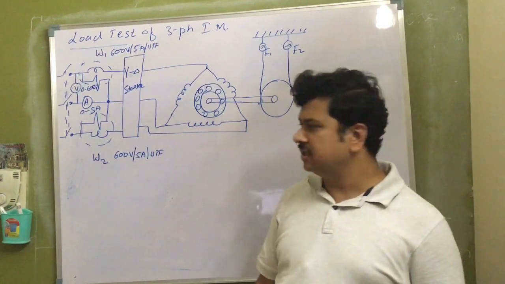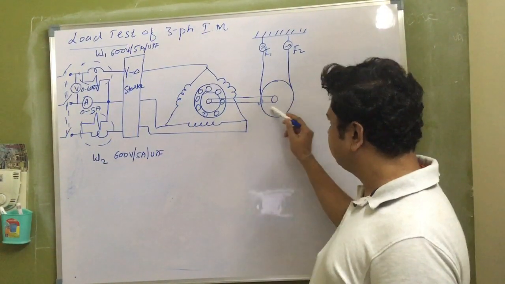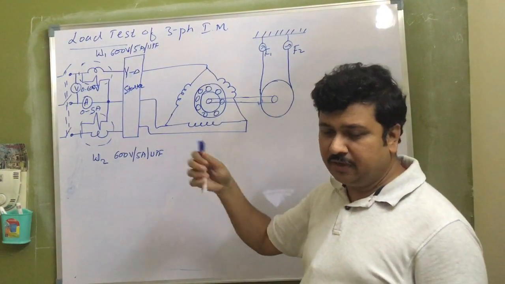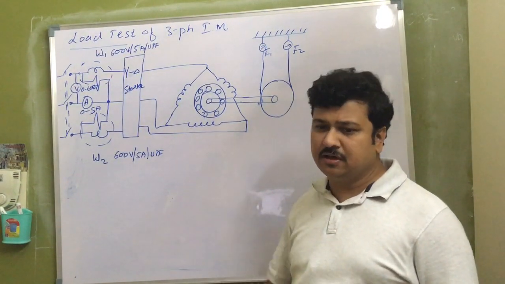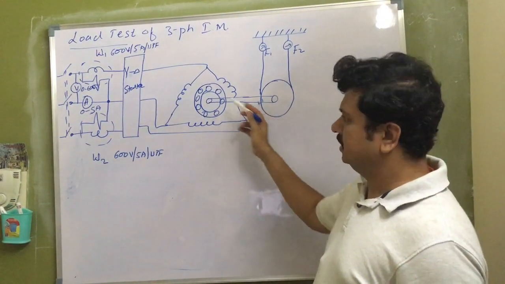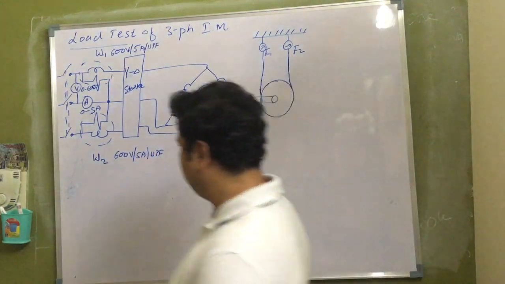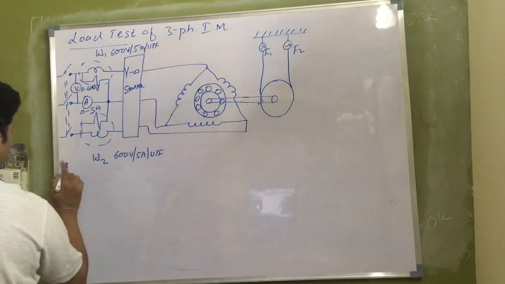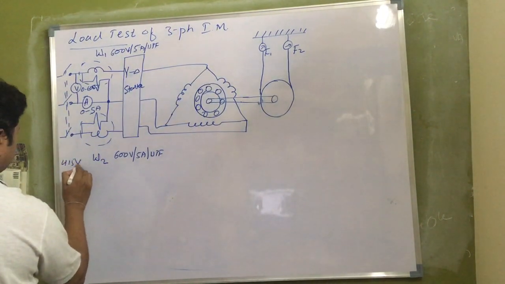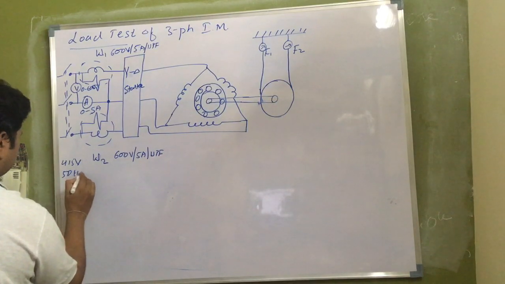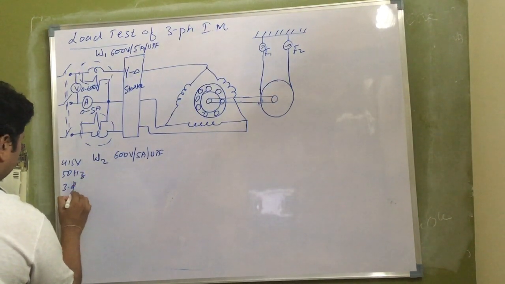It is as good as a short circuit on the secondary side. If this persists for a very long time, and if I give complete supply voltage, and here I have 450 volts, 50 hertz, 3-phase supply.